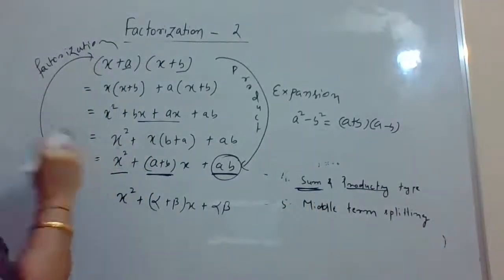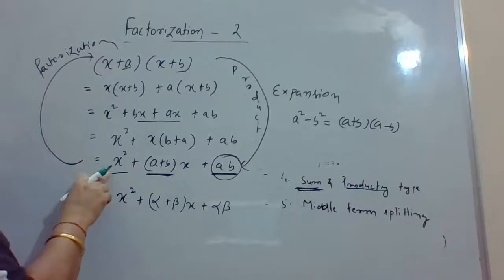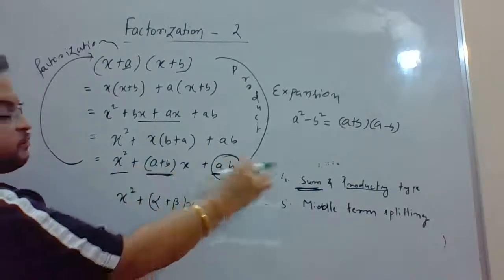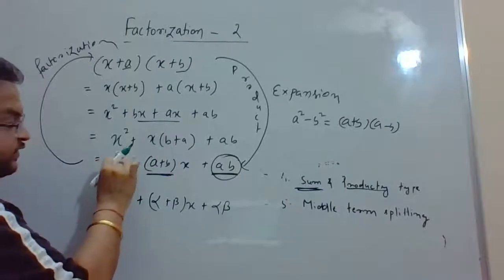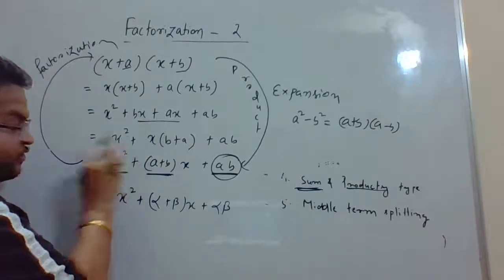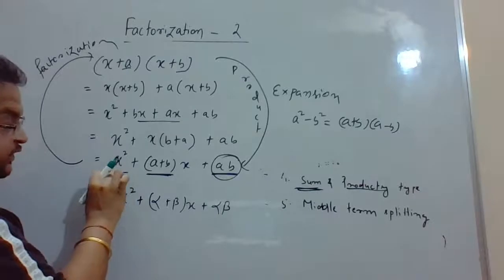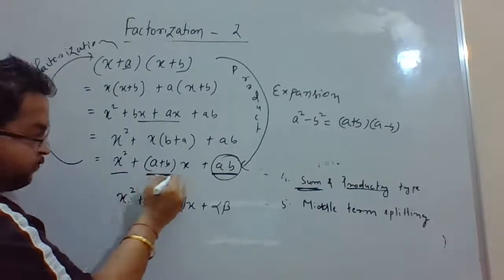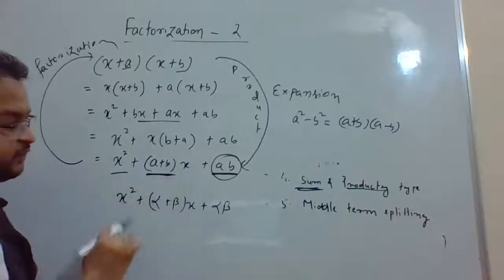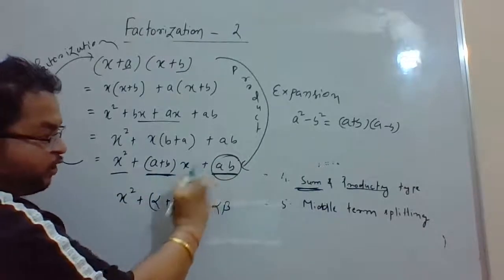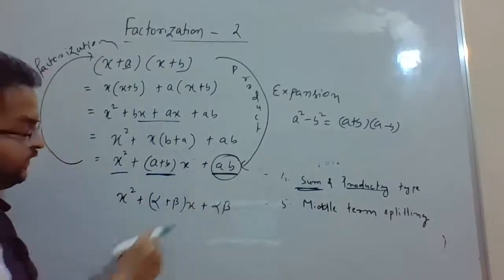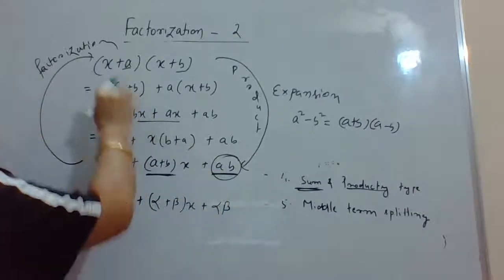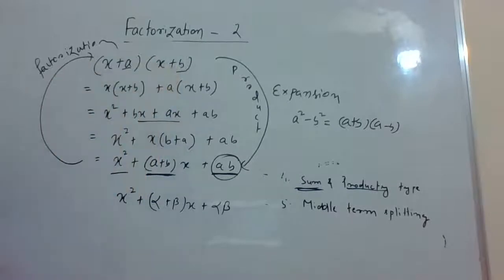I repeat, if you have a quadratic trinomial, which means a three-term expression where the highest degree of the variable is 2, such that it can be expressed as x squared plus the sum of two things into x plus the product of the same two numbers, then we can factorize it as x plus a into x plus b.